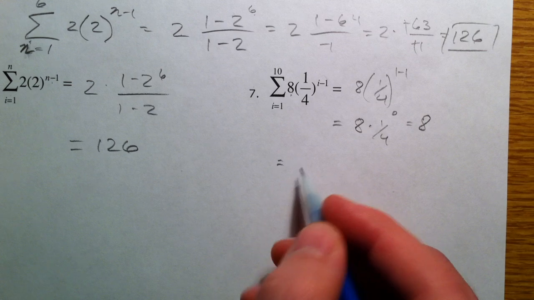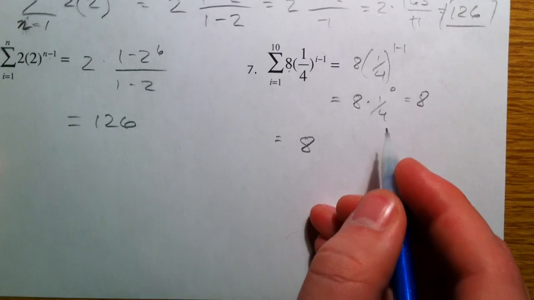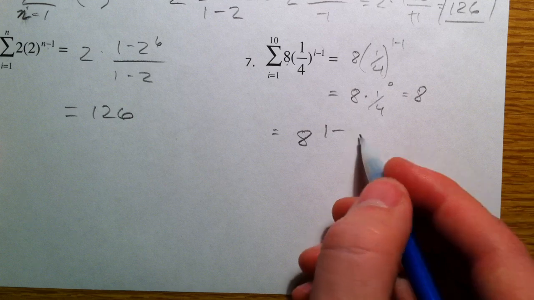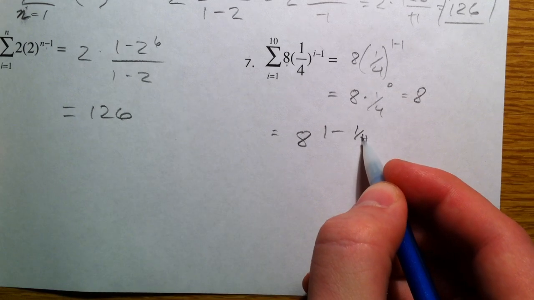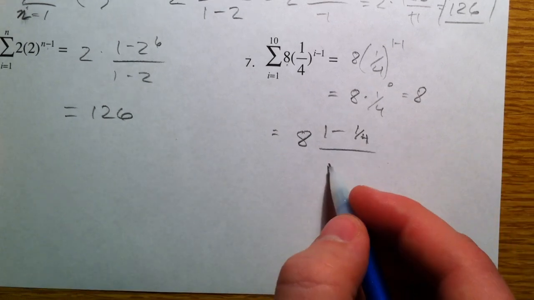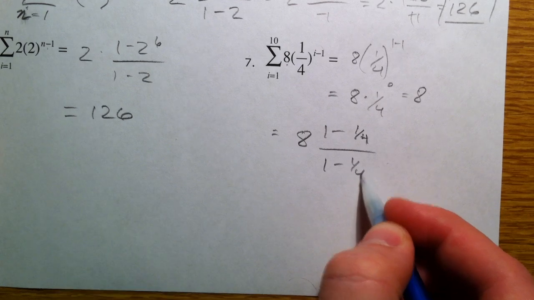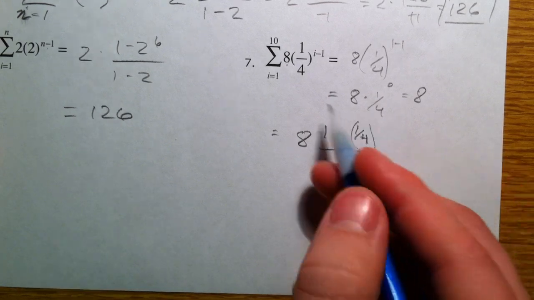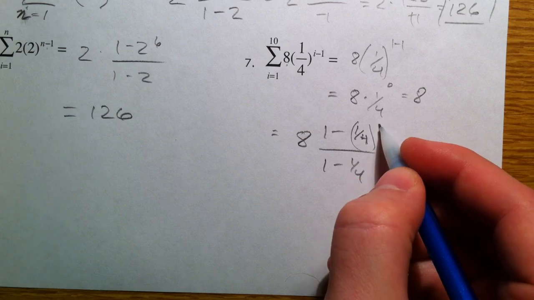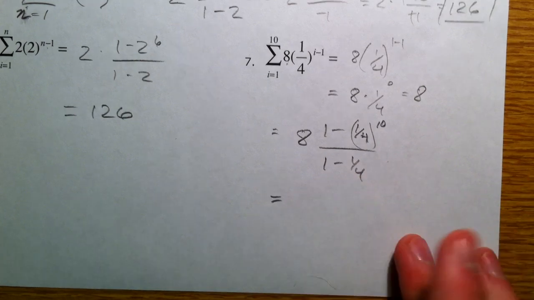So that is in fact our first term. So 8 times 1 minus r, which is 1/4, over 1 minus 1/4. And I'm going to raise this 1/4 to the 10th power, because that's n.